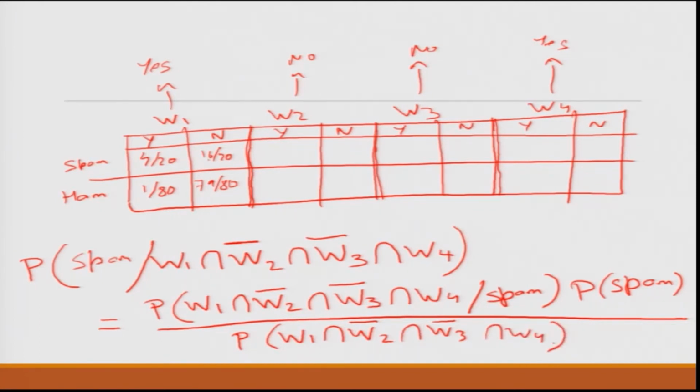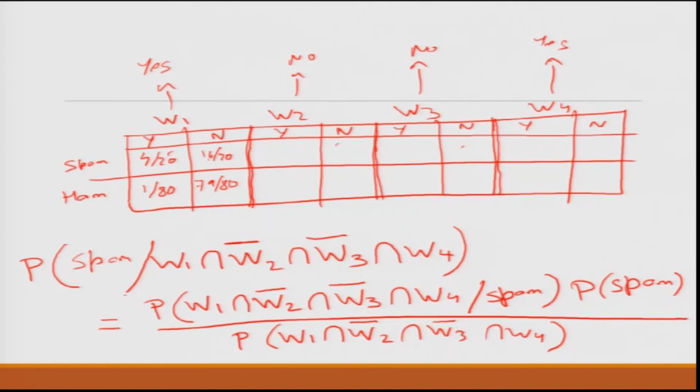Now notice from this particular table, you can actually calculate all the permutations and combinations, because you know each of these. So, P of W1 and W2, which means you know this part and then this part and this part, you know. So you can actually calculate and do this. It is a simple algebraic exercise that you would have done in your class 12. So, this is the way naive Bayes is used.